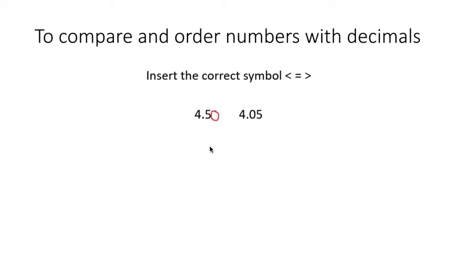Take a moment, you can draw it out if you want to, or you could think of it as money. Which symbol should go into there? I would insert this symbol. £4.50 is more than £4 and 5p, and 5/10 are definitely bigger than 5/100.